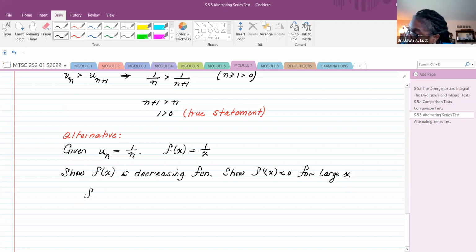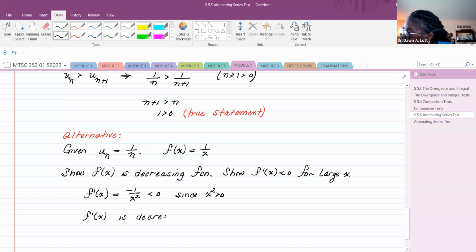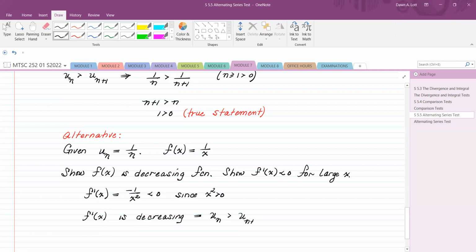Okay, so f prime is -1 over x squared. And that's always less than 0 since x squared is positive. So f is a decreasing function because its derivative is negative. So that's going to imply that u_n has to be bigger than u_{n+1}.